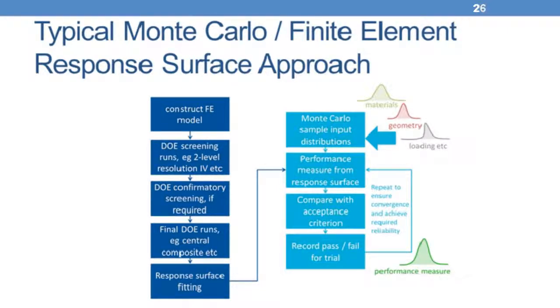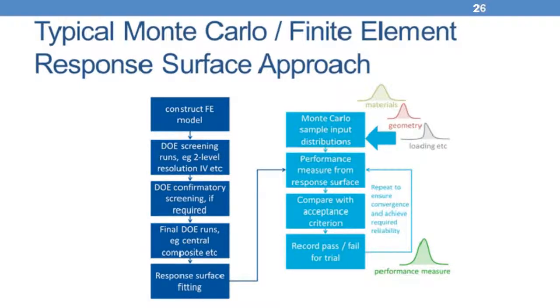for each trial. For all but the most simple of finite element models, this is a prohibitively expensive process in terms of computer resources. And a good way of improving this is to generate a response surface representation of the finite element model. The response surface is essentially a functional fit of the structural response to the inputs, and also standard design of experiments techniques can be used to select the finite element runs that are used to fit the response surface.